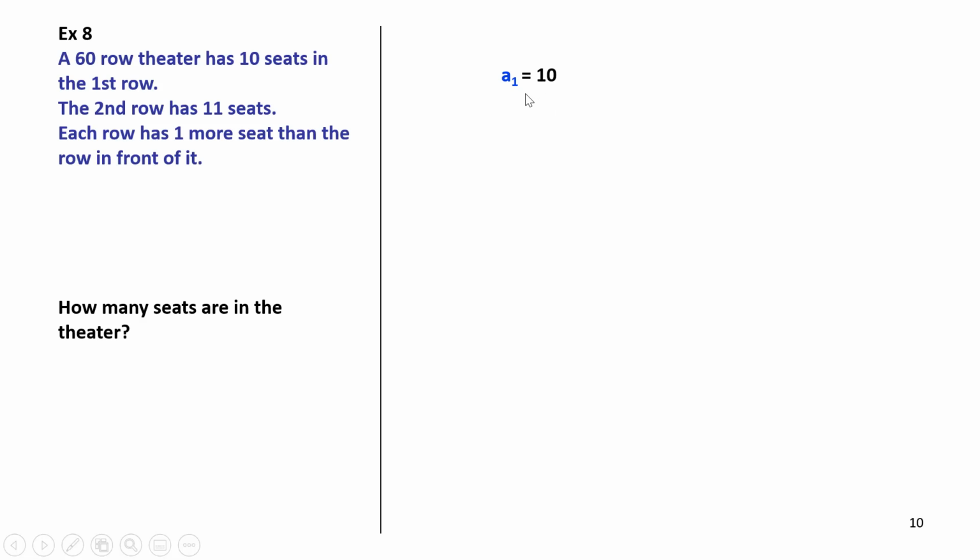For me to find A sub 60, I need an explicit formula. So we start off, well, there's my 60. A sub n, we're not sure about 60, are we? So here we go. Explicit formula. We need to find an explicit formula so that we can plug in 60 here and here.